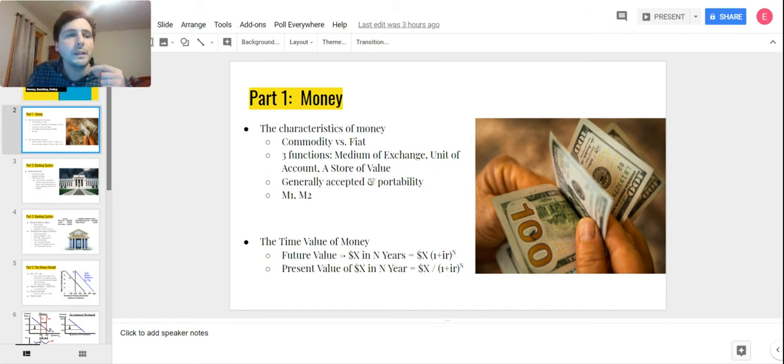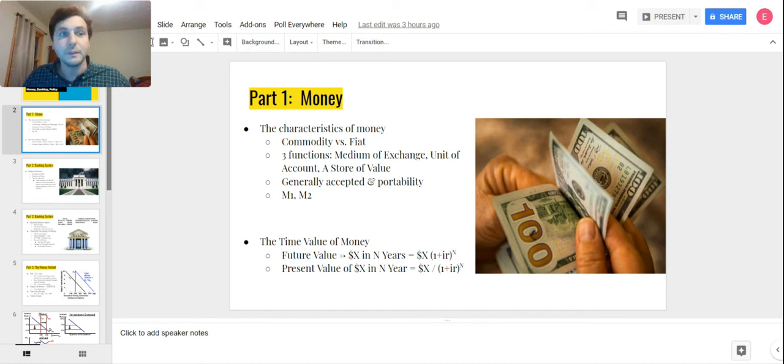So M1 is cash and checkable deposits, or demand deposits. That's what M1 is made up of, because with those two things, I can use them as a medium of exchange today. I can write you a check, I can swipe my check card, or debit card as we call them, or I can give you cash. So it's automatically liquid. M2 is a step away from that. That's like a savings account; bonds fall into this, stocks too.